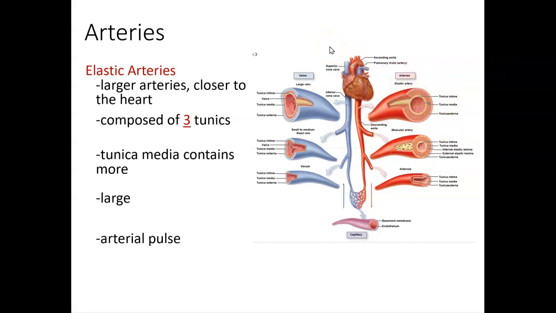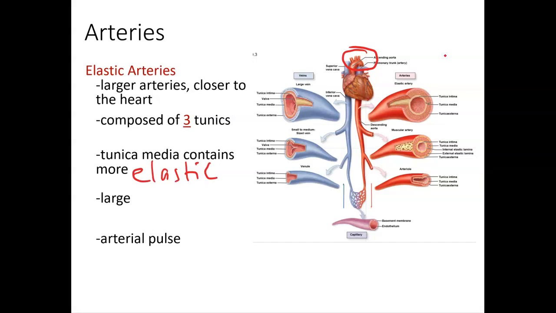So these are the large arteries next to the heart. The examples would be the three that come right off the aorta. Remember, you had the brachiocephalic trunk, the left common carotid, the left subclavian, and even the right and left subclavian. So these are right near the heart. They have all three tunics. They are going to have a lot more elastic fibers in the tunica media, which makes sense, right?